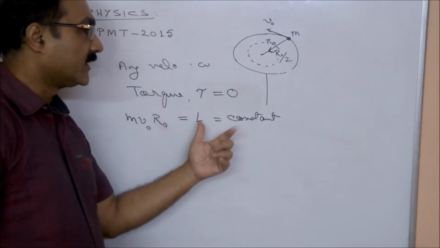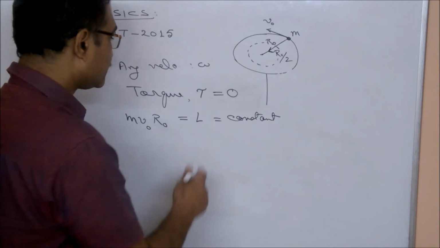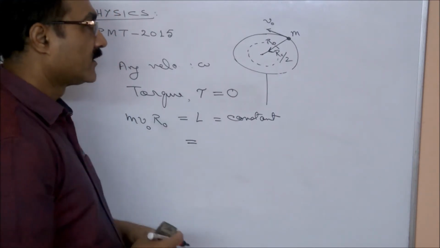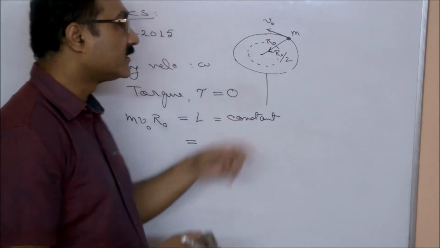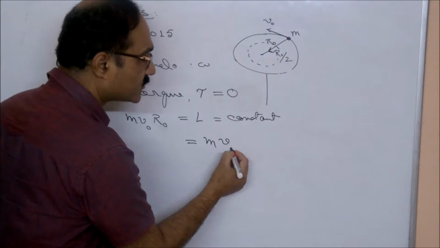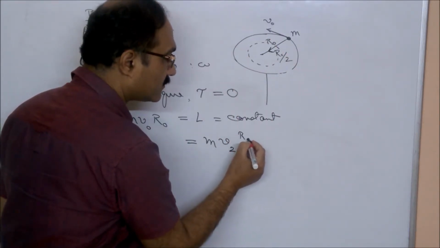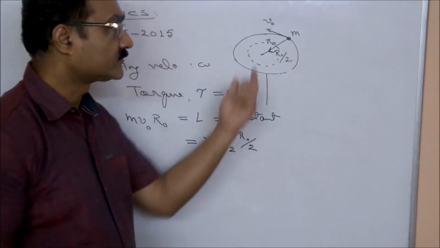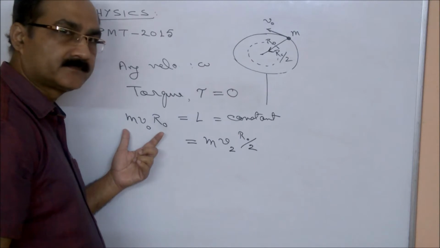This is the angular momentum which will remain constant. That means the final angular momentum, let's call that velocity v2, is m v2 into the distance r0 by 2, the radius. So this is equal to this.